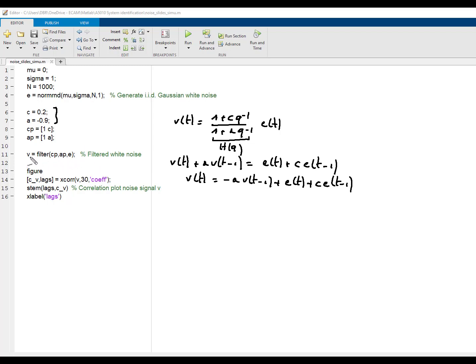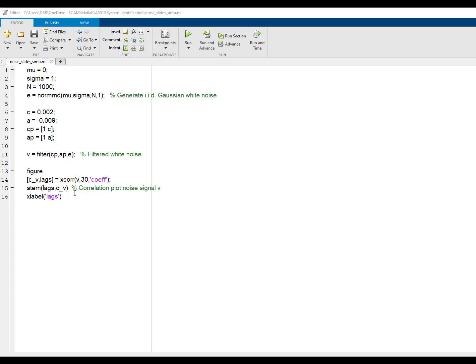Construct v and then look at the autocorrelation function and see what happens. So we'll start with very small values of c and a, and if you look at the transfer function, it means that the transfer function, the noise model, is approximately 1.